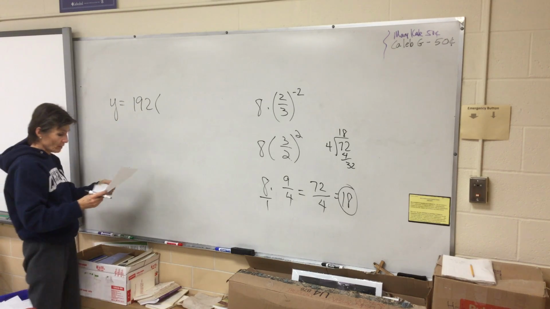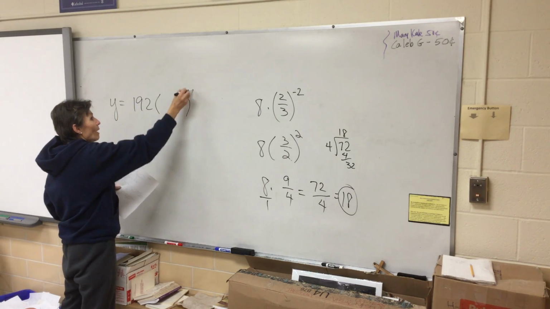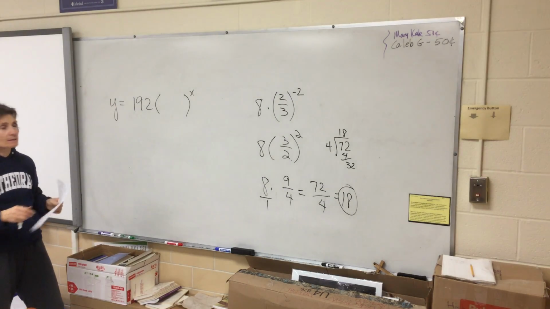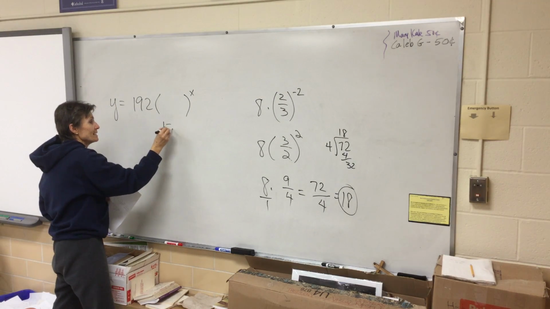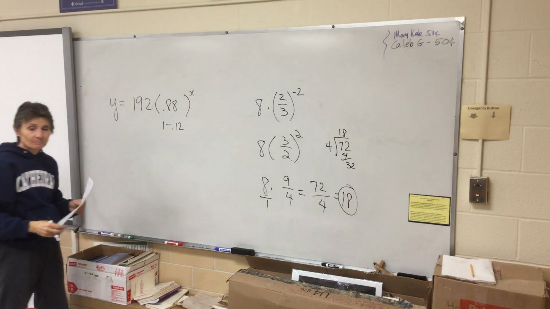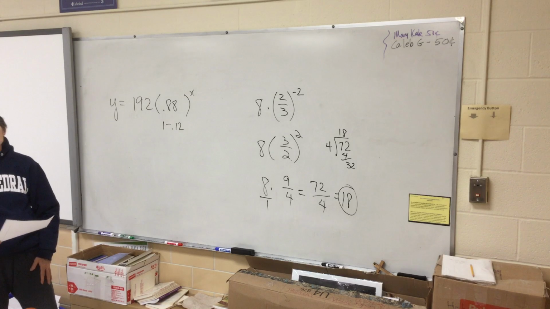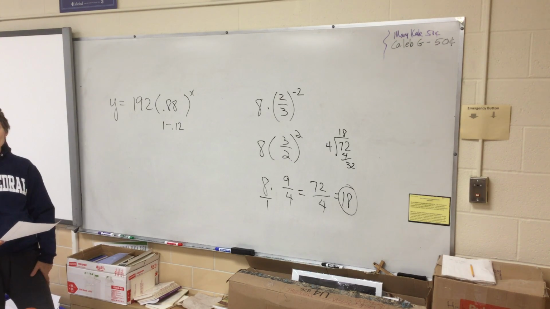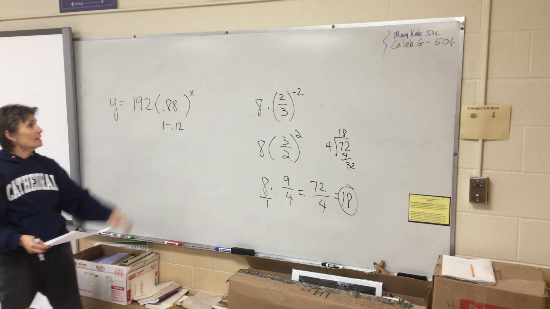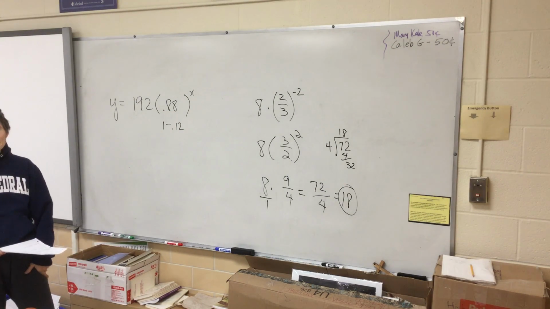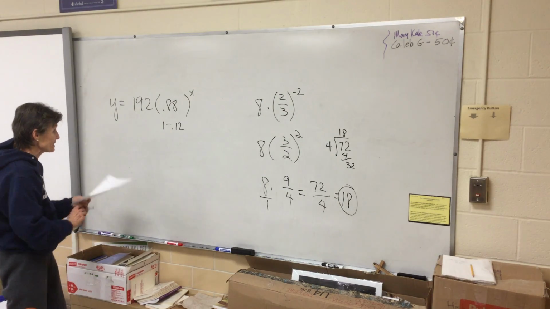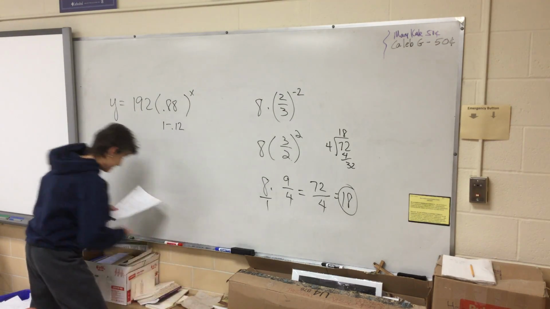So I'm starting at 192, and now I am decreasing 12%. So 1 minus 12%, 0.88. My rate is 0.88. I'm decreasing, or not my rate, my base, my B value is 0.88. I'm decreasing 12%. And that's it. You don't have to do anything with it. That's it.